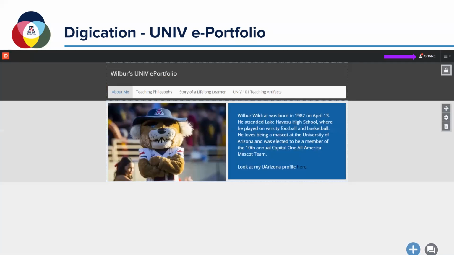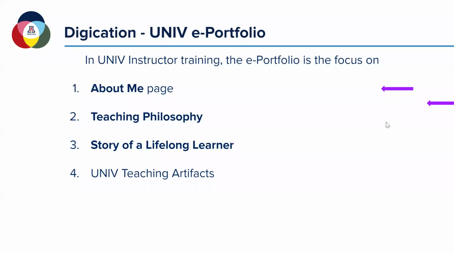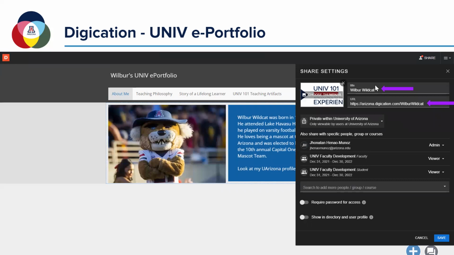And after that, make sure, this is important, whenever you have posted something or updated something, you have to publish it. So how is that? You go to the share icon and make sure that it has your name, that you have your link, and that you change the privacy settings.